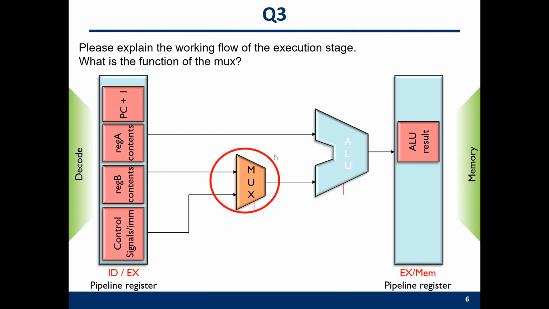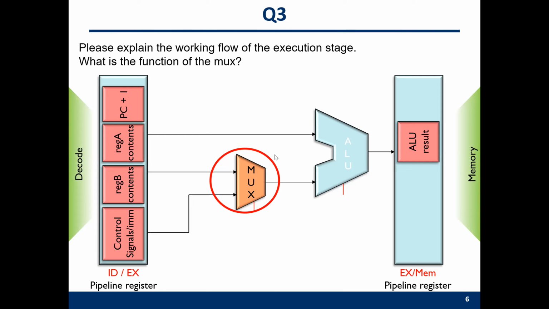The third question is about the execution stage. What's the function of this mask? This mask is actually used to select between the register value and the immediate value.